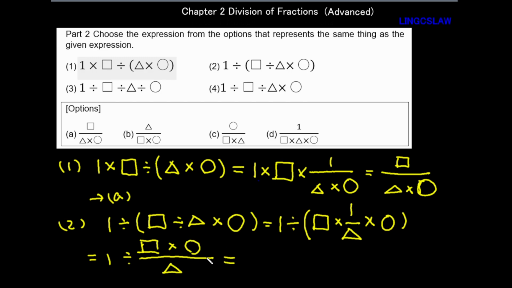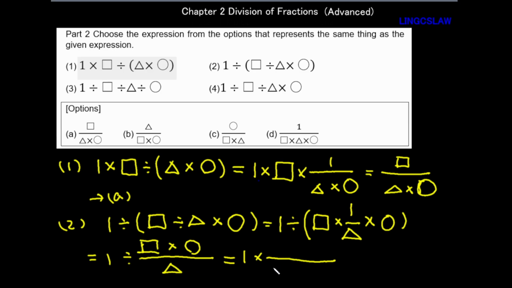Now let's make this division into multiplication. So we will take the reciprocal of this one.